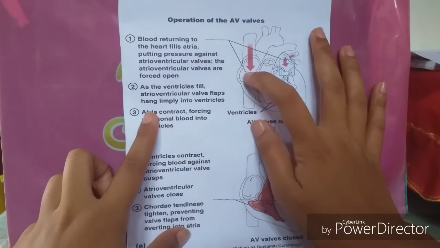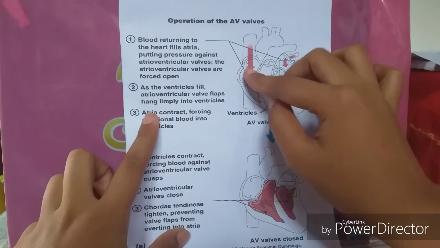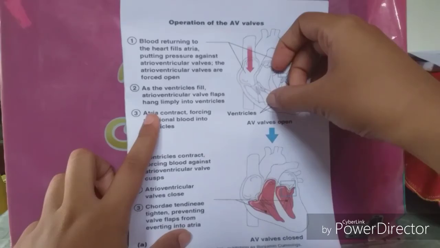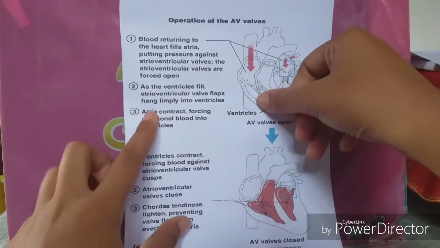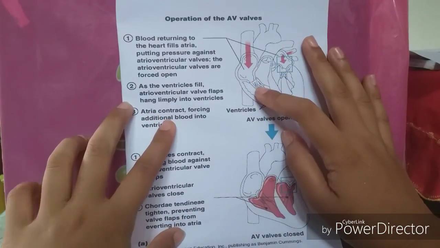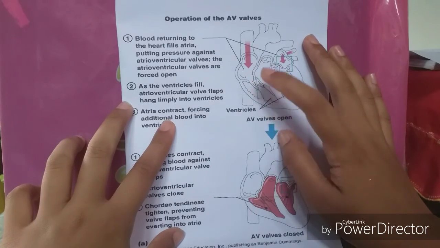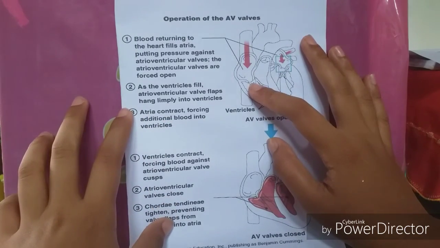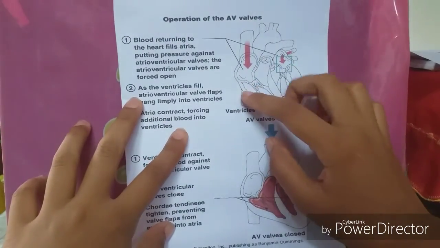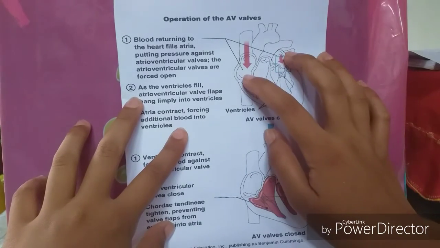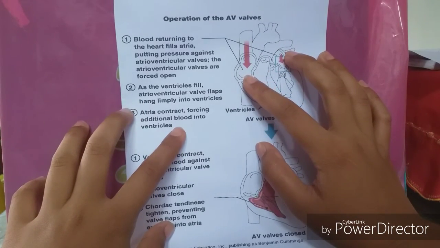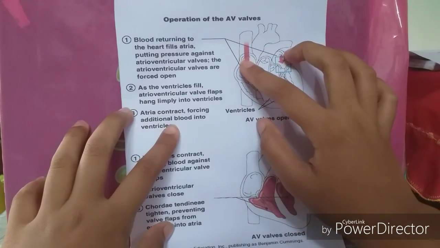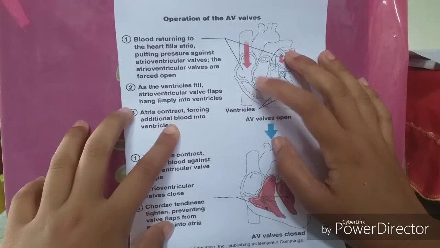So the valve is forced open, which makes the blood flow into the right ventricle. As the blood fills the right ventricle, the tricuspid valve closes because it is already full, so it automatically closes. As the atria contract, more blood enters the right ventricle.